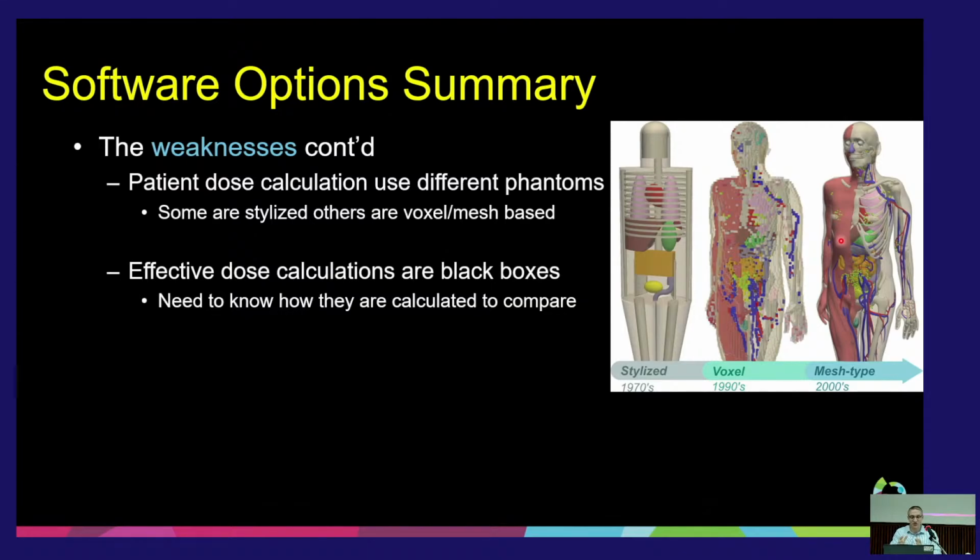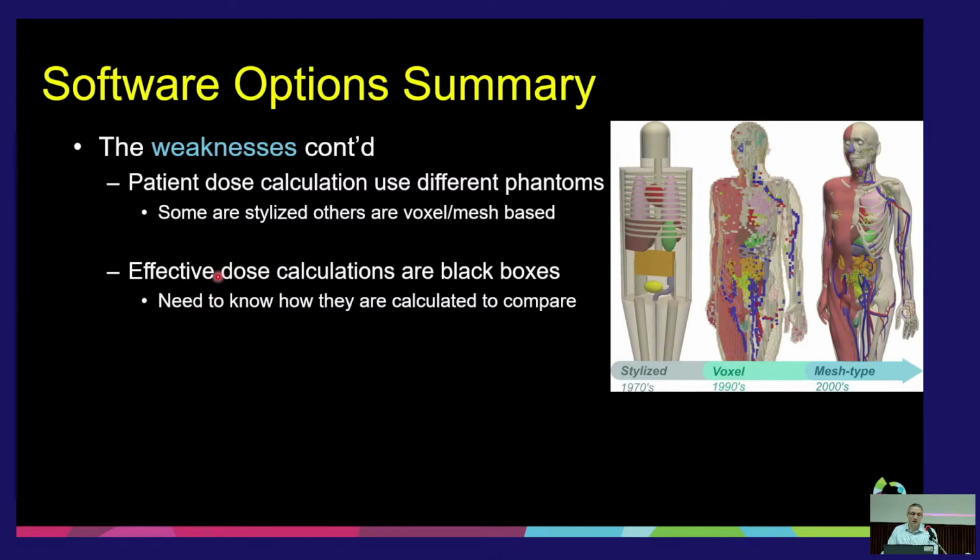Most of the newer softwares have a very large library of phantoms, from little kids up to big adults, with different body sizes, obese to very thin. So you want to ask them what their options are and how they do the dose calculations. And from these calculations, applying the CT dose metrics to Monte Carlo on these phantoms, we can then start to calculate effective dose. And that's okay.